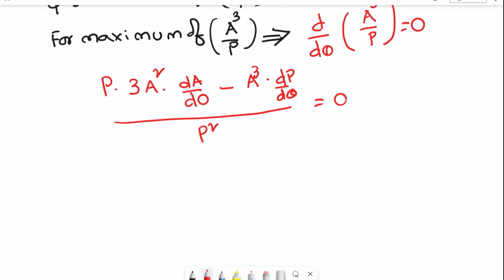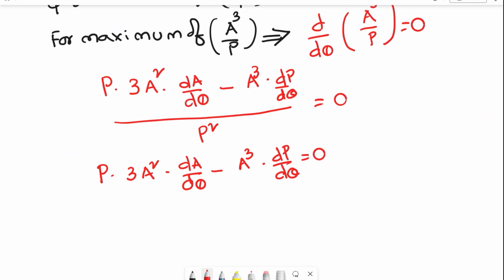That is equal to P into 3A square into dA by d theta minus A cube into dP by d theta is equal to 0. A square, if I cancel A square throughout, then what will happen?